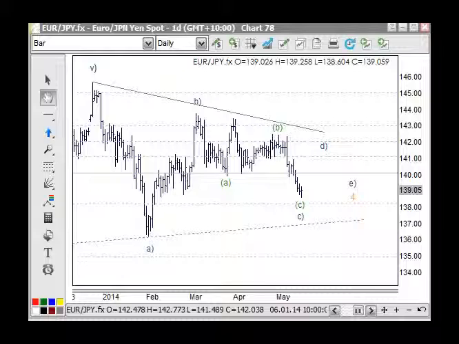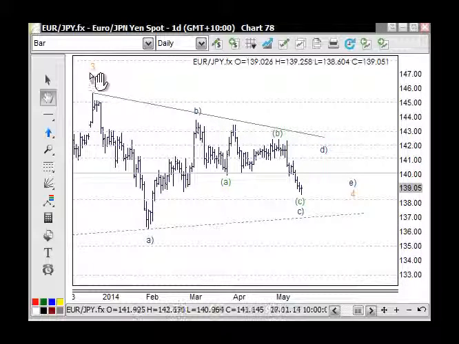Looking at the euro yen, we're looking for a low in here for wave C of wave C, and the way we're doing that is by looking for 5 waves down from wave B down through to here, and we feel that that could be in place now. If that's the case, then we're still looking for a 3-wave price action for wave D, and also a 3-wave price action for wave E to make wave 4 a completed triangle pattern from wave 3 over here.